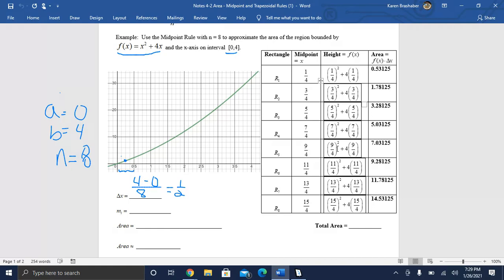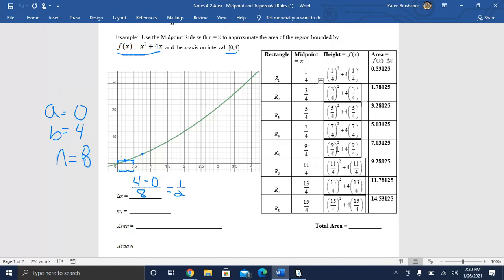Well, that is the height at which I'm going to draw the rectangle. So the rectangle going through the midpoint of the interval will still have a width of 1/2, but its height is determined by that midpoint height. So not by a left endpoint or a right endpoint, but rather by the midpoint. And I'm going to do that for each interval. So from 1/2 to 1, my midpoint is 3/4.